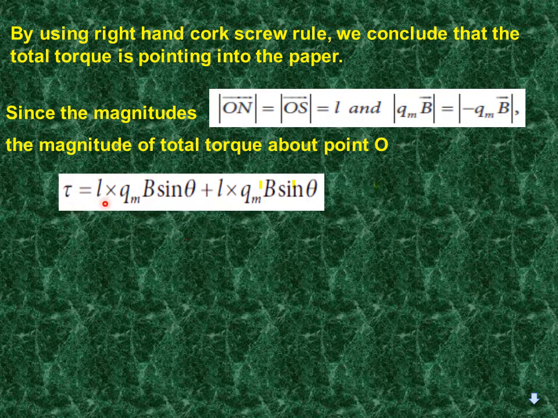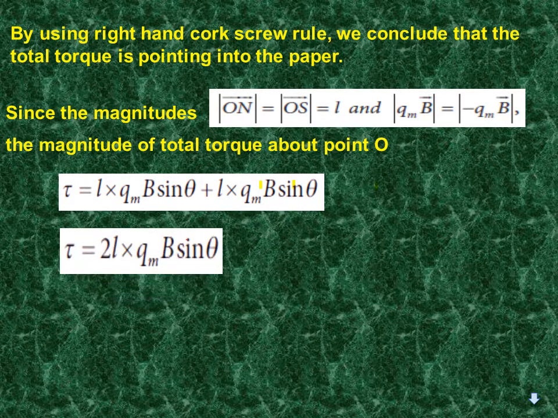So tau is equal to L, substituting L instead of ON, Qm B sin theta, plus L instead of OS, into Qm B sin theta. Therefore, already we have one L here and another L, so 2L.